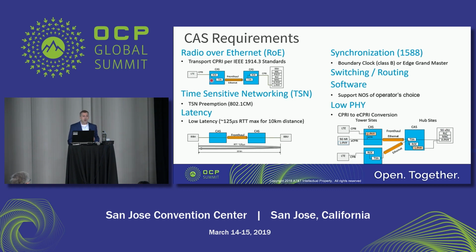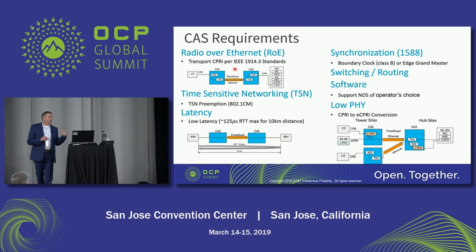Another point about the ROE is you see here a deployment. We would have two of these CAS boxes. One CAS deployed at a tower location, a mated CAS at a hub location.